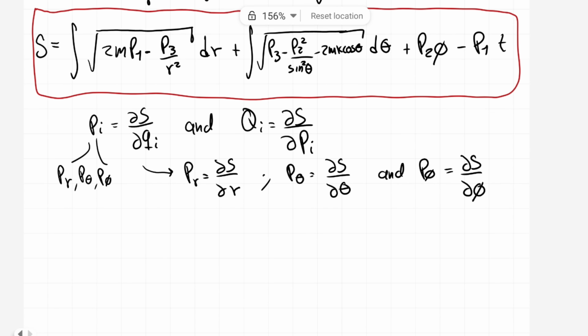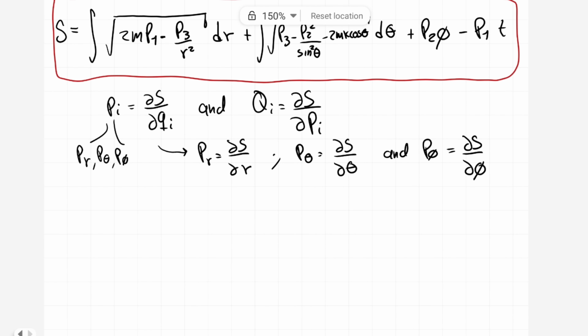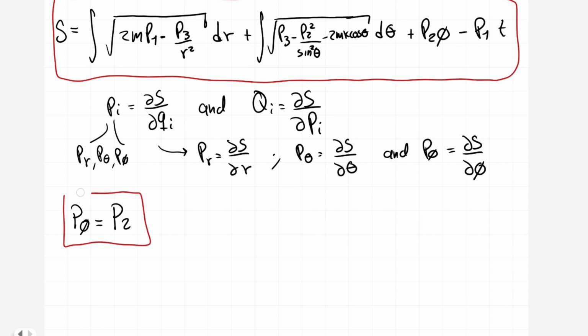Okay, perfect. So, as you can easily see, p phi is equal to p2 because we are taking the derivative with respect to phi of all this, but the only element that depends on phi is this. So we can see easily that p2 is equal to p phi. And let me change this letter for a little p just to not get confused.